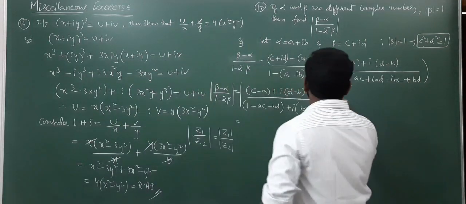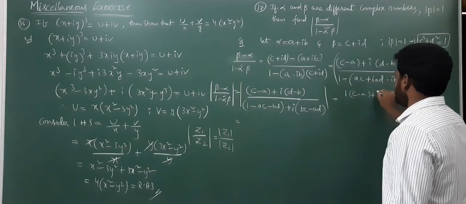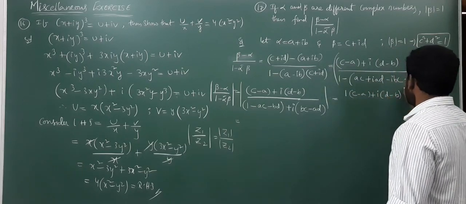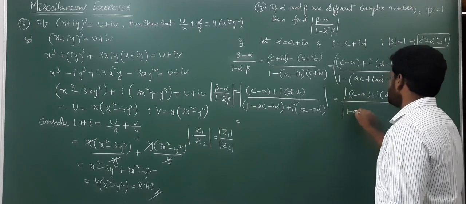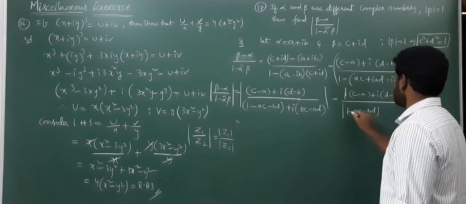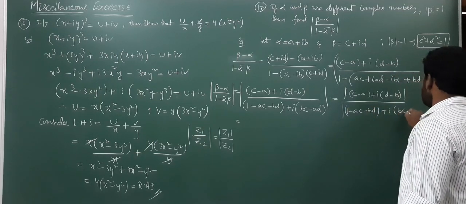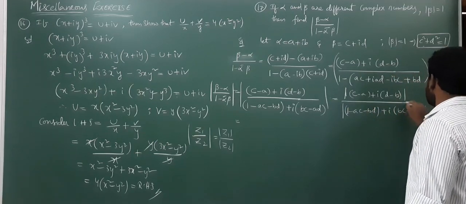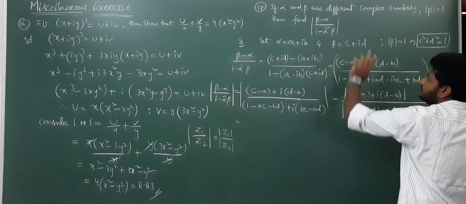If we do like that, it will become modulus of c minus a plus i into d minus b, divided by modulus of 1 minus ac minus bd plus i into bc minus ad. Do you understand this? First of all, beta minus alpha by 1 minus alpha bar into beta.